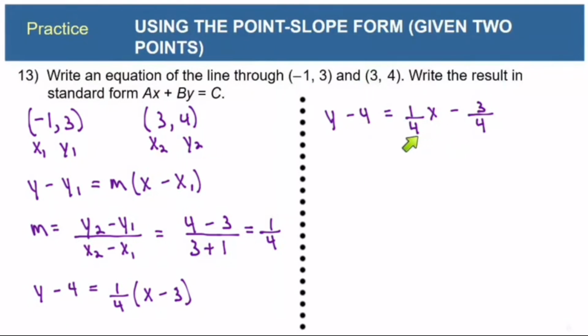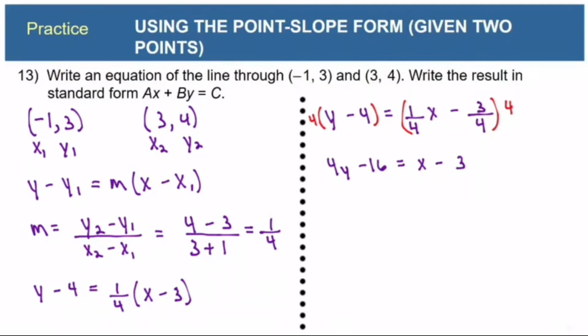Now I want to eliminate the denominators, so I'm going to multiply both sides by 4. On the left, that's going to give us 4y minus 16. On the right, when I distribute the 4, I'll have 4 over 4x, which is 1x, and 3 over 4 times 4, which is going to cancel the 4's and leave 3.